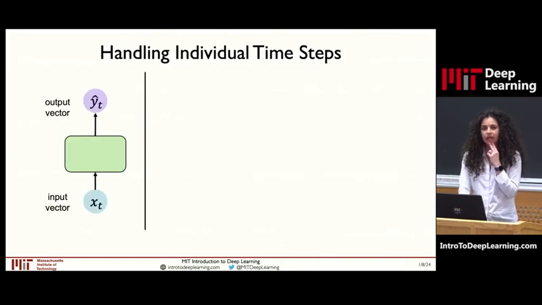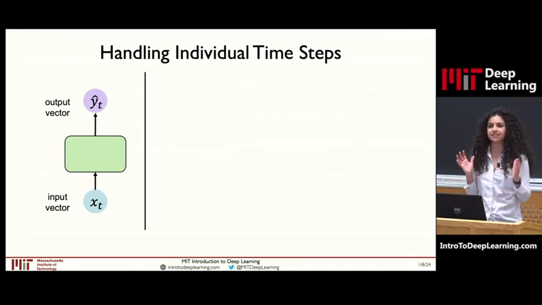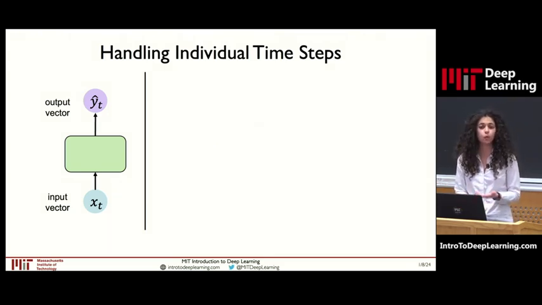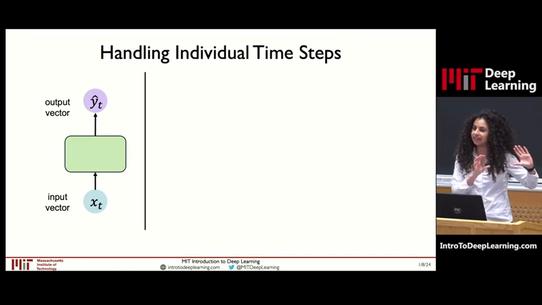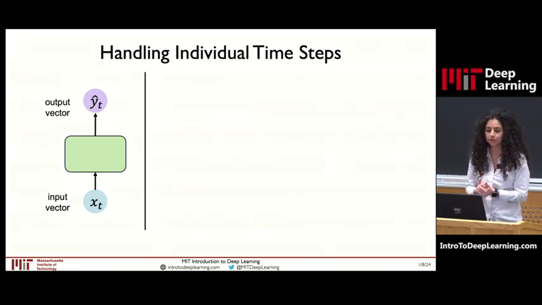Okay. Now, I've been saying sequence data is data over time. What if we just took this very same model and applied it over and over again to all the individual time steps in a data point? What would happen then? All I've done here is I've taken that same diagram and flipped it 90 degrees, so it's now vertical, where we have an input vector of numbers, our neural network is computing on it, and we're generating an output.